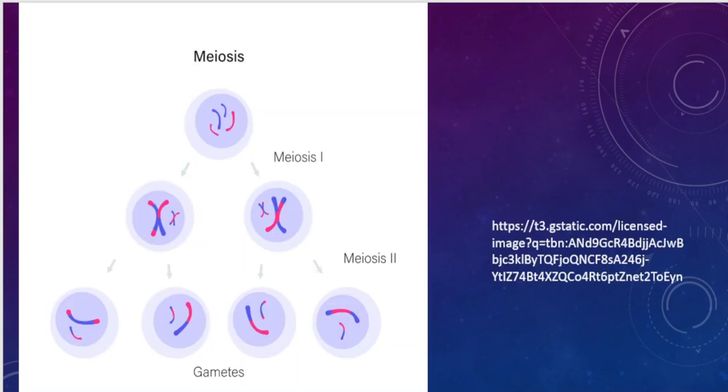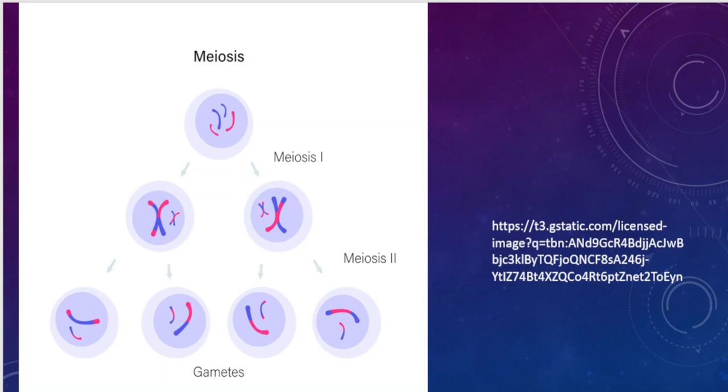Can you see this image? You can see that there are two divisions which occur in meiosis. How many divisions occur in meiosis? There are two divisions. First is meiosis 1 and the second is meiosis 2.